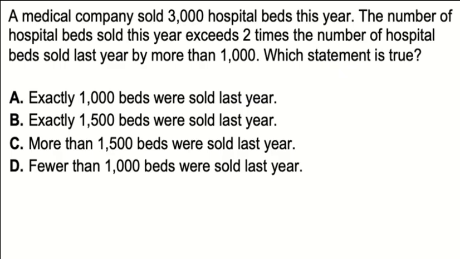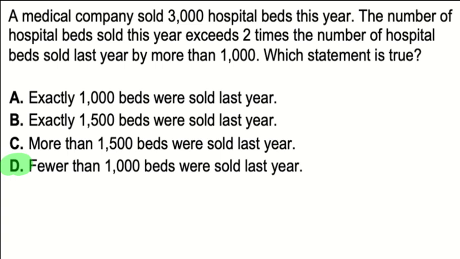Oliver? D is correct. So D is saying fewer than 1,000 were sold.